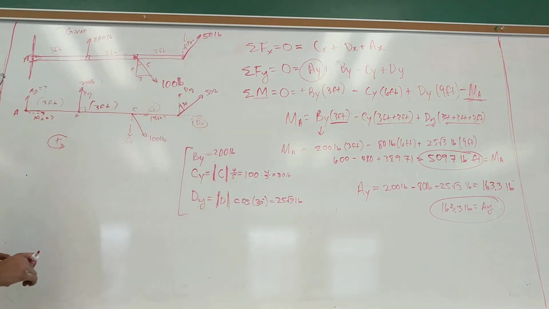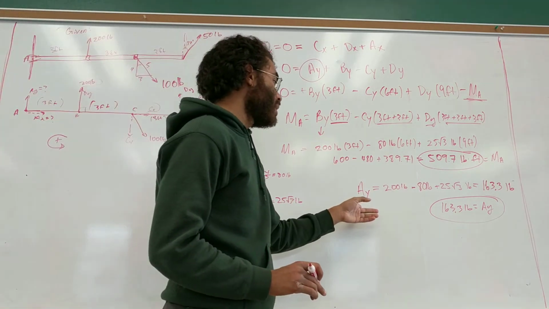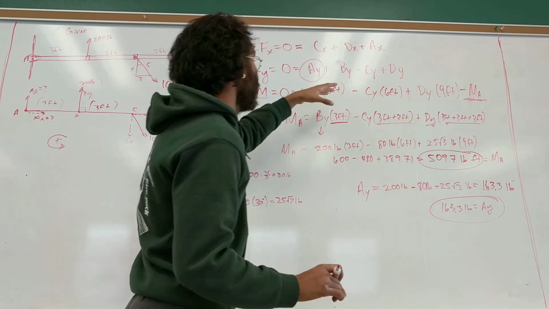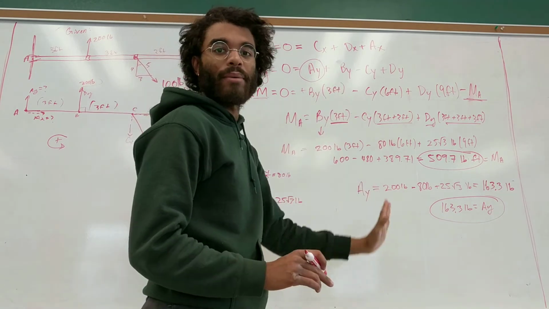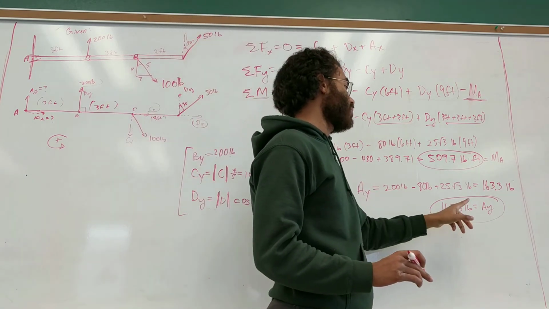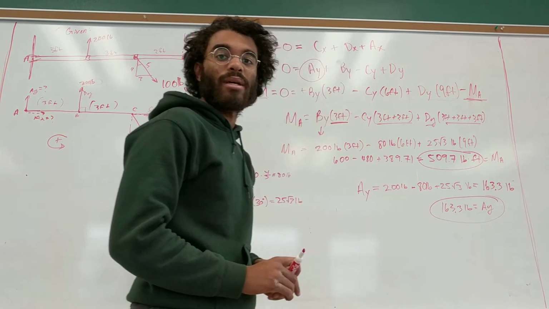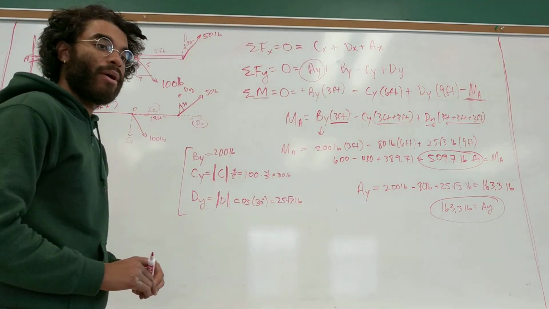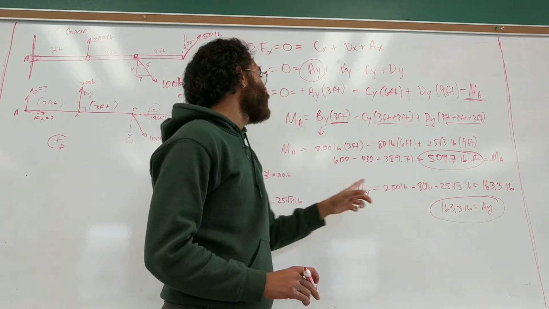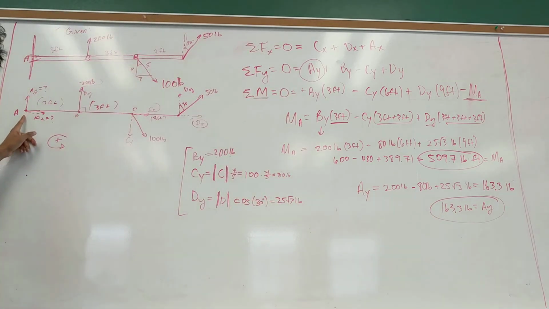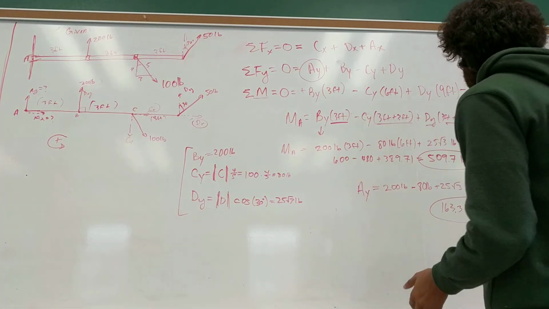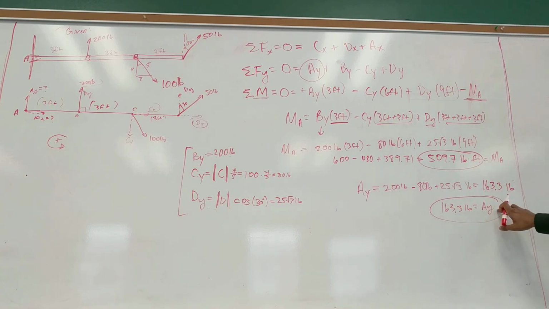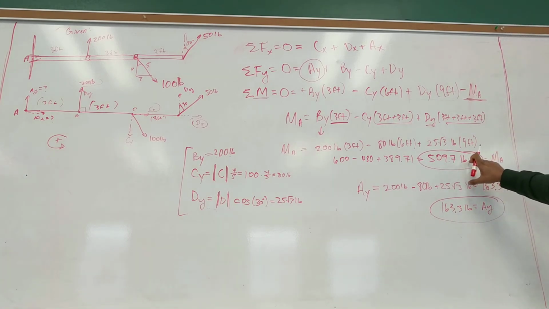And then we know that the resultant force, after we summed up all the AYs, the equivalent resultant force that's going in the Y direction is equal to 163.3 pounds. And now we want to figure out how far this force is from our axis point. And this is very easy to solve for. So the units of AY are in pounds, right? And the units of the moment are in foot-pounds, right?